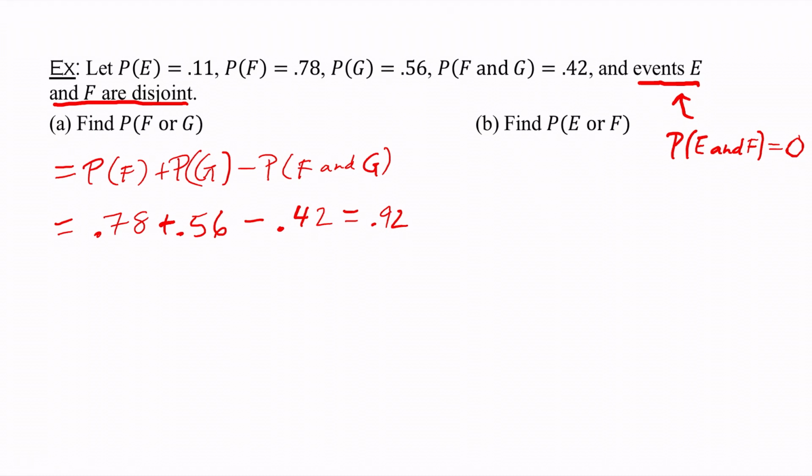Here looking at the probability of event E or F occurring. Here again, let's use our addition rule.